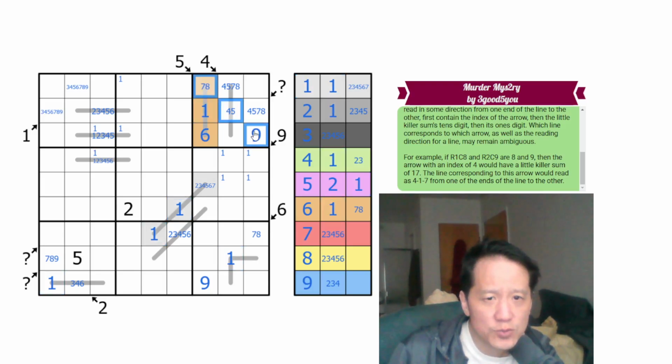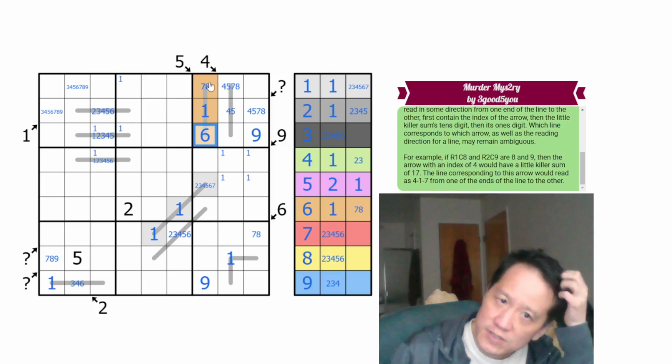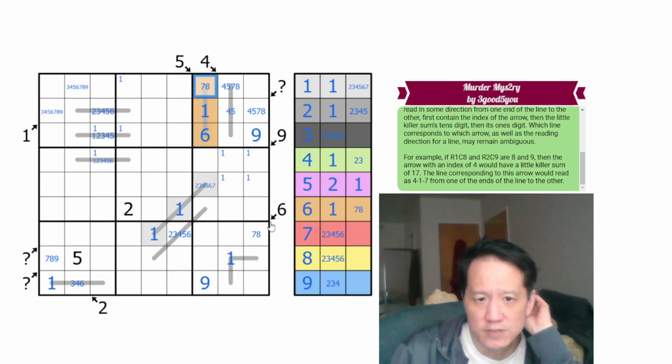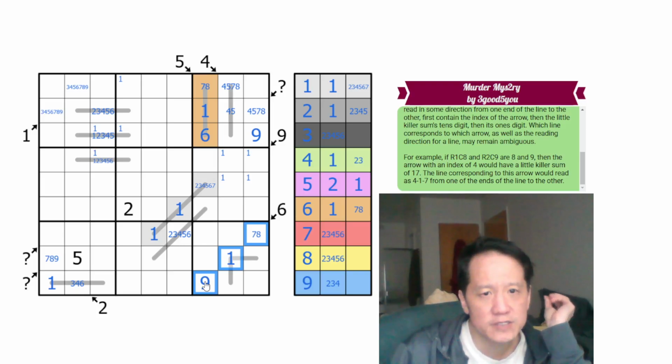This has to be 21 because you can't have anything greater than 6 there, and this one has to be a 6 because 4 and 5, 4 and 2 can no longer add up to 17, so it has to specifically be the 6th one that's adding up to 17 or 18.